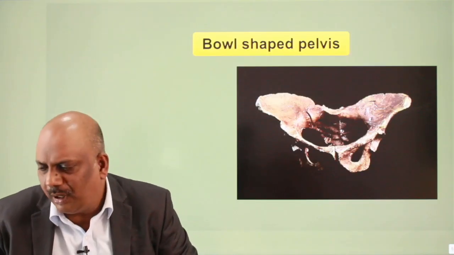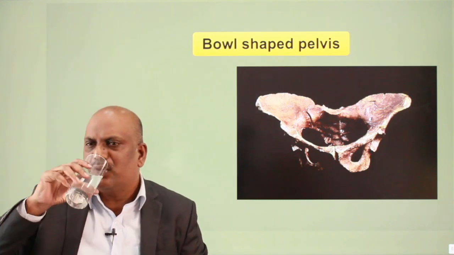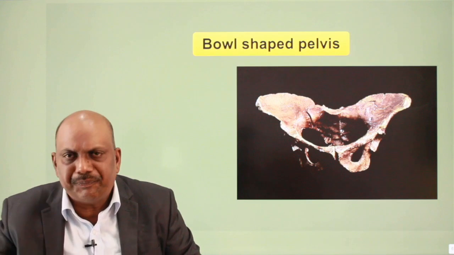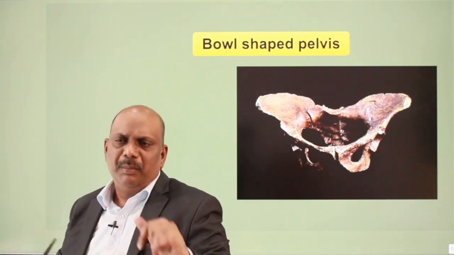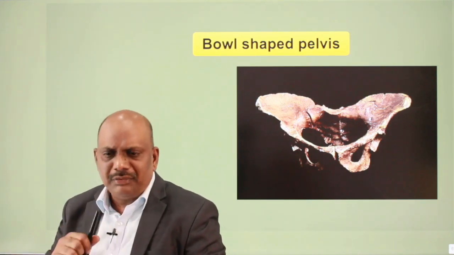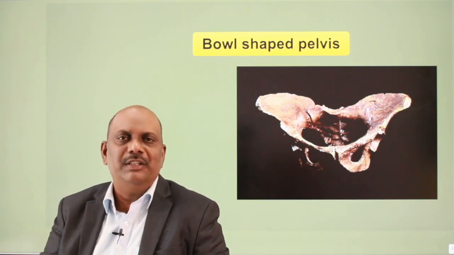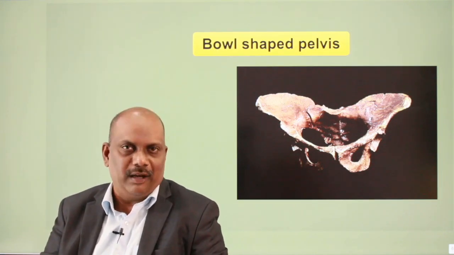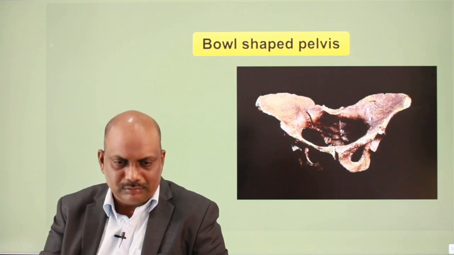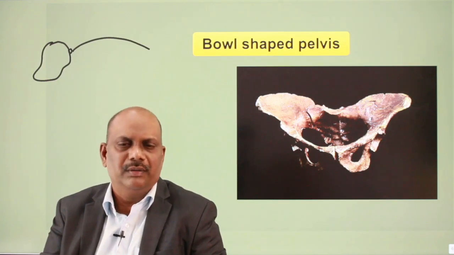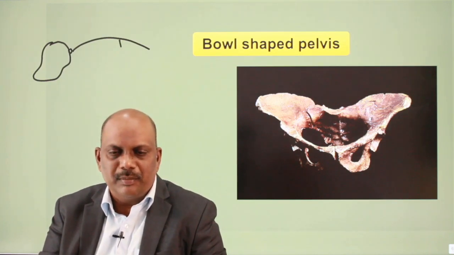Then bowl shape of the pelvis. See, for animals with quadrupedal locomotion, the pelvis used to be plate-like.